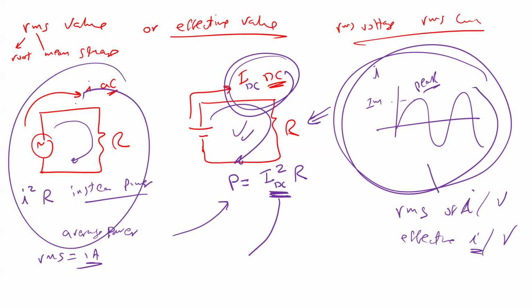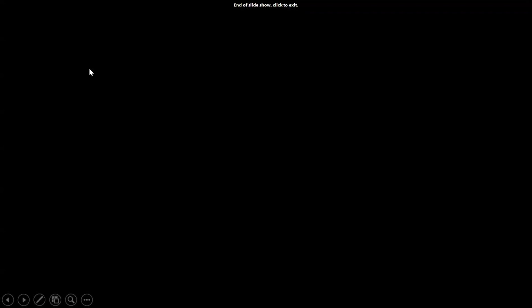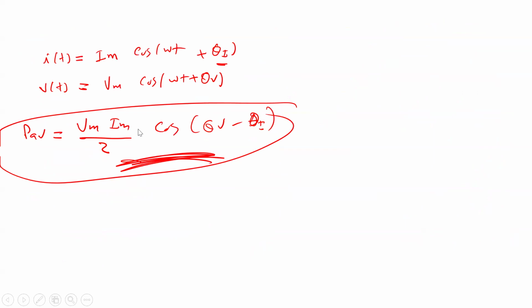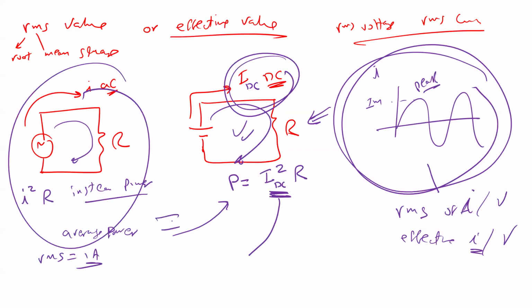So this value we call the RMS value. To make it easy, I will give you a formula. All I am doing here is looking for the unknown I_DC that gives me the same average power we have here.